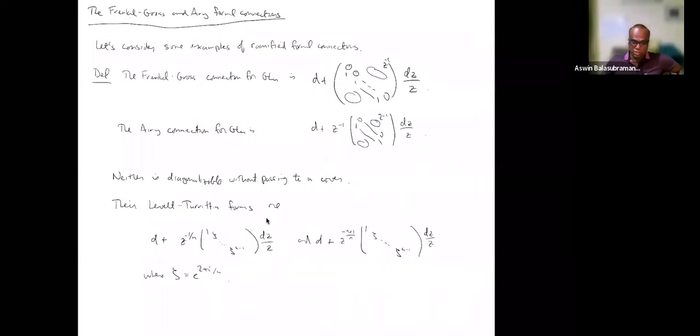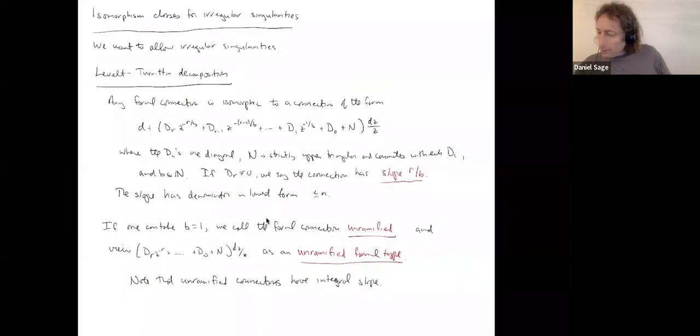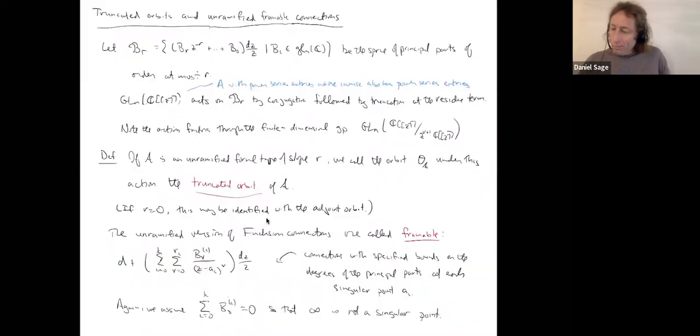Yes, that was because, maybe I should have said this, a regular singular connection has a Levelt-Turrittin decomposition, which just involves d0 plus n. So you don't need to introduce roots of z to write that down. Okay. All right.